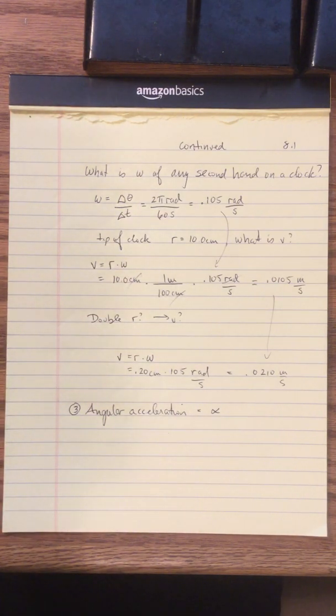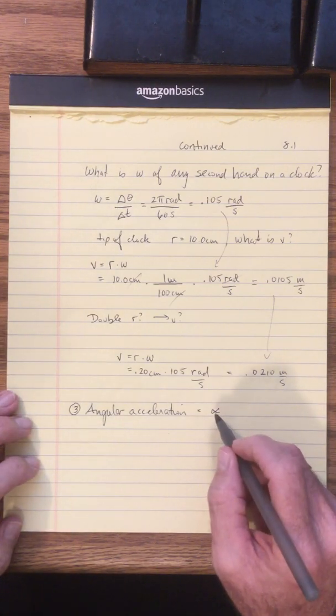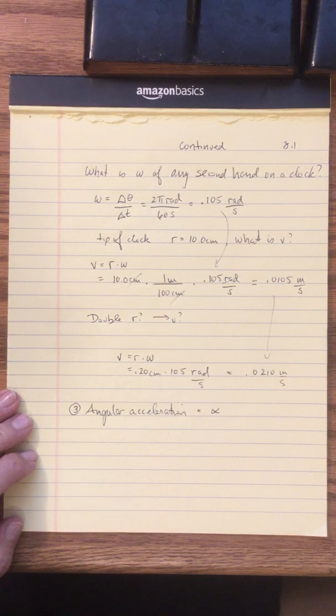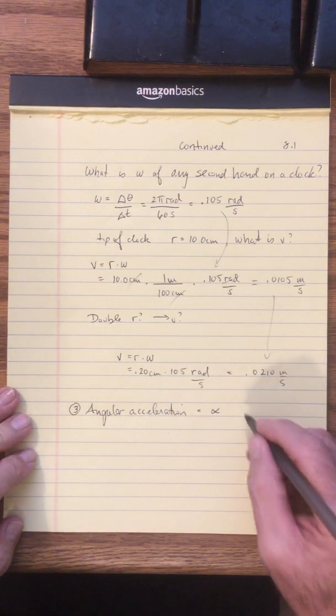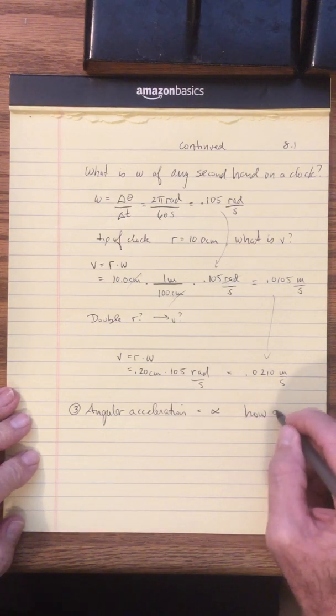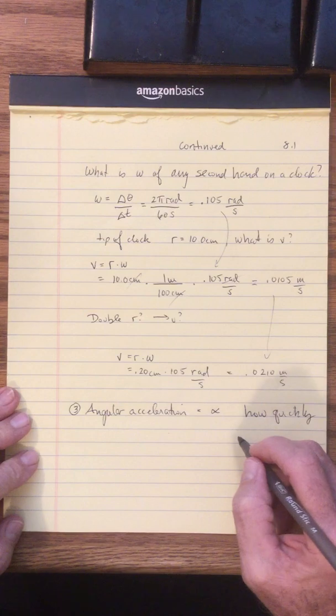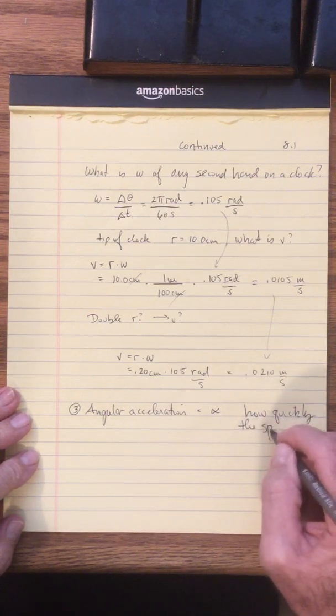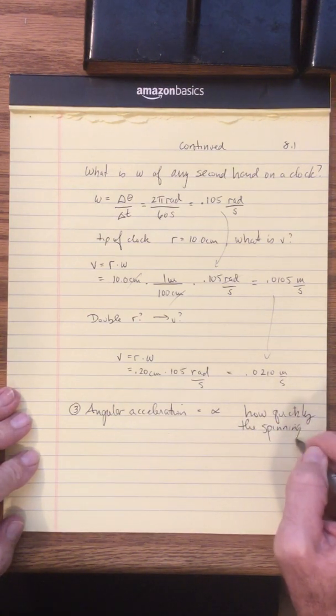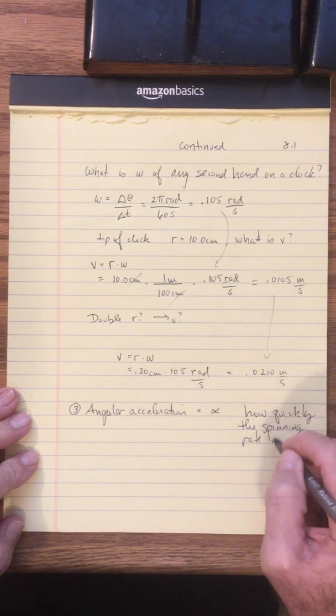But if you're on the same disk, you're going to have the same omega everywhere. So the angular acceleration is asking how quickly the spinning rate is changing.